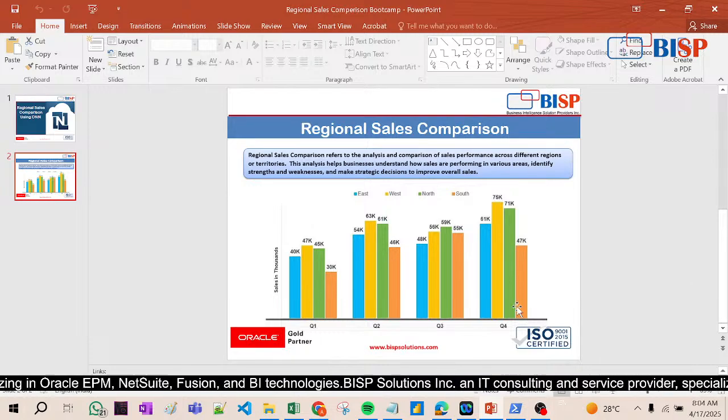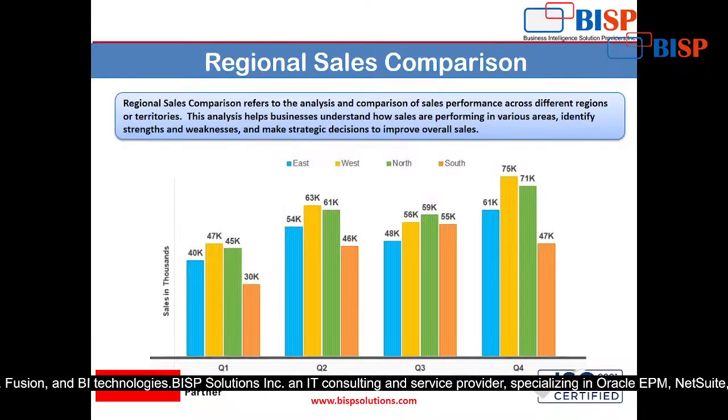Suppose you can see here in quarter 1, this is the sales scenario in east, west, north and south. In quarter 2, what was the sales scenario in east, west, north, south? In quarter 3, what was the sales scenario?